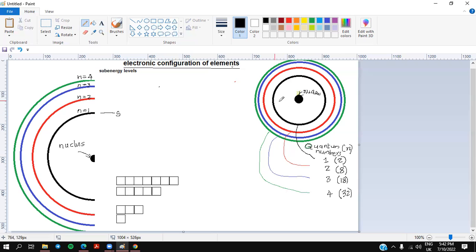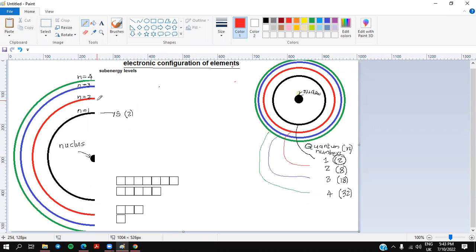Because quantum number 1 can have only 2 electrons maximum, and it has only one sub-energy level, the s sub-energy level can accommodate 2 electrons. Because this s sub-energy level comes in quantum number 1, we call it 1s. 1s means the s sub-energy level in quantum number 1.